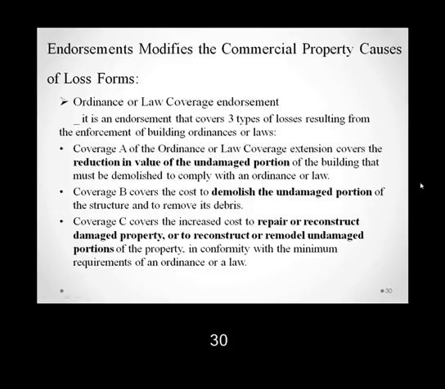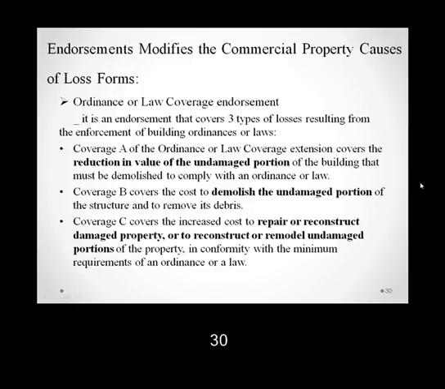Now, what does it cover? It covers the reduction in the value of the undamaged portion due to the ordinance of law, and it will cover the demolished and undamaged portion of the structure and to remove its debris for coverage B. The coverage C will cover the cost to repair or construct damaged property or to reconstruct or remodel the undamaged portions of your property.